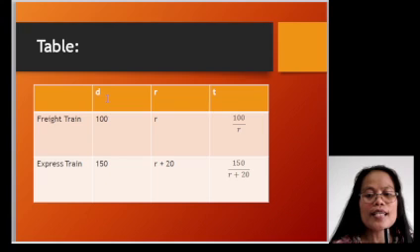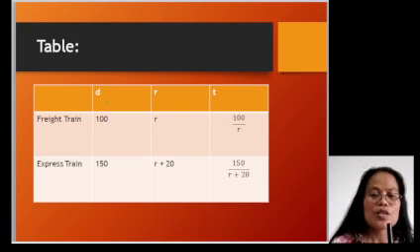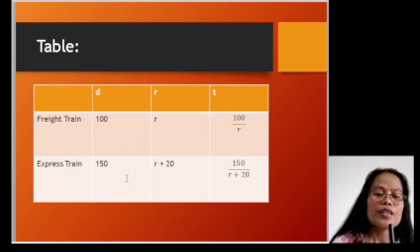We have the distance, the rate, and the time. For the freight train, the distance is 100, and for the express train, 150. The rate of the freight train is R, and the rate of the express train is R plus 20.